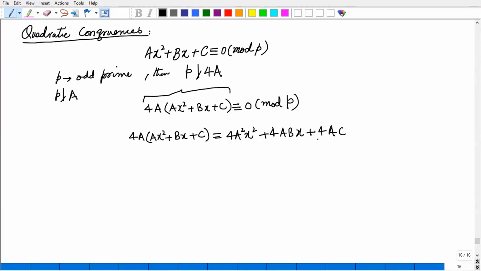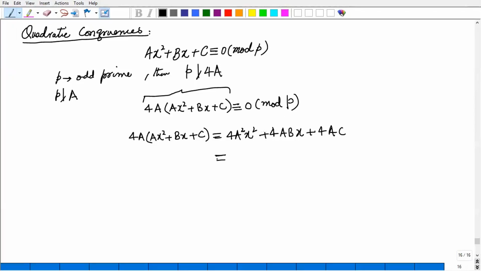Now we need to make the perfect square formula.